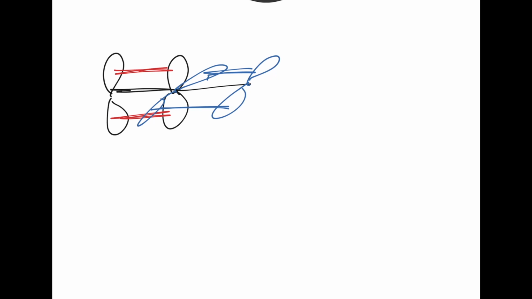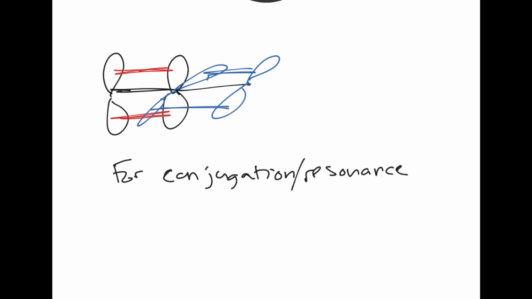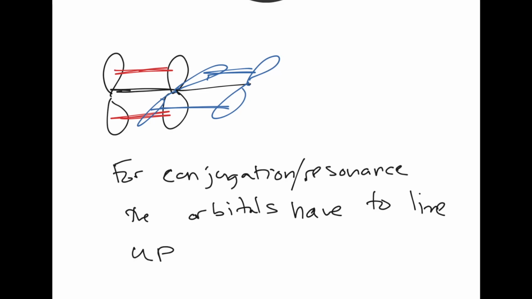So for us to have something that's conjugated, your orbitals have to line up.